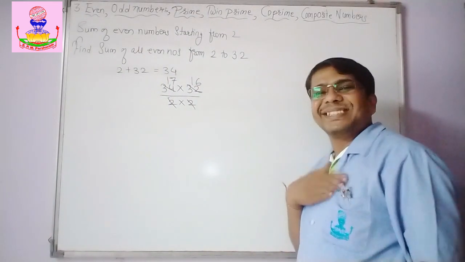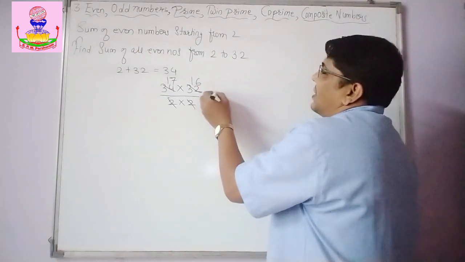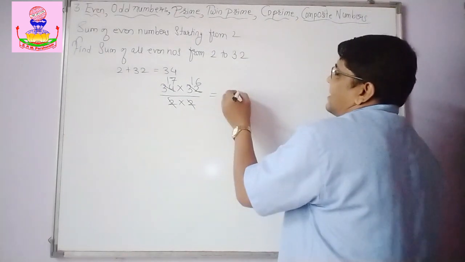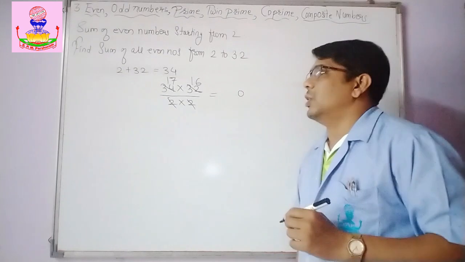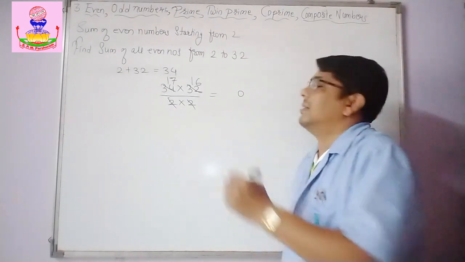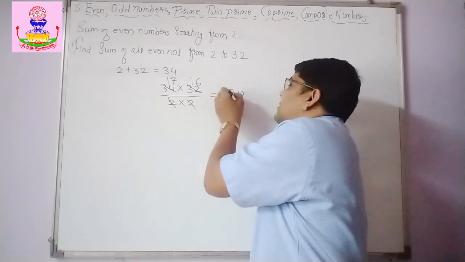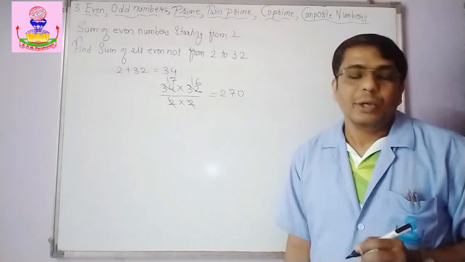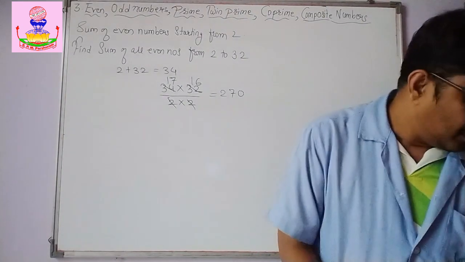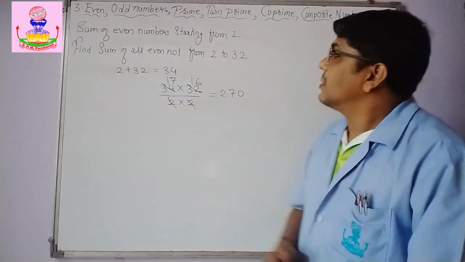Now I know the tables. 17 sixes are... how much? Yes, 102. So 10 carry on. 17 ones are 17, 17 plus 10, that is 27. So the sum is 270.